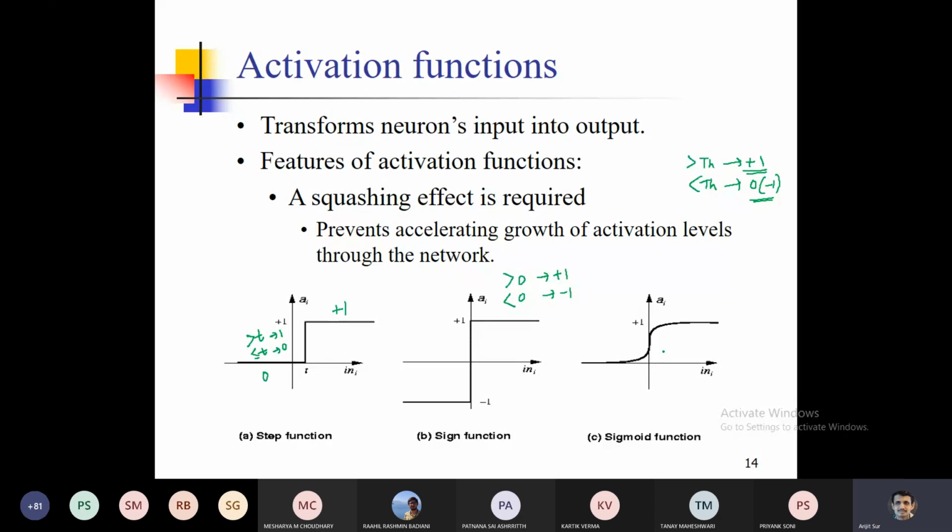This is sigmoid, as you see. Let's say this is 0.5, this is 1, and this is 0. So if it is greater than or equal to 0.5, it is closing to 1. If it is less than 0.5, it is closing to 0.